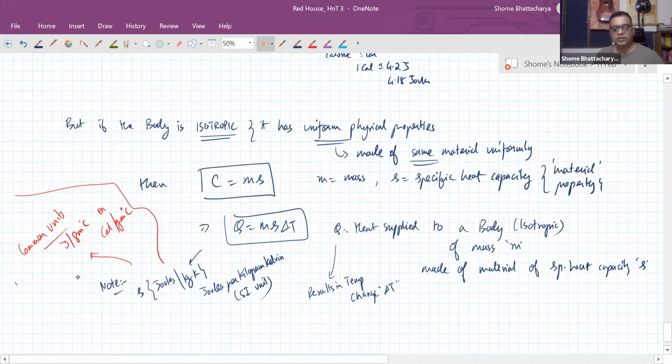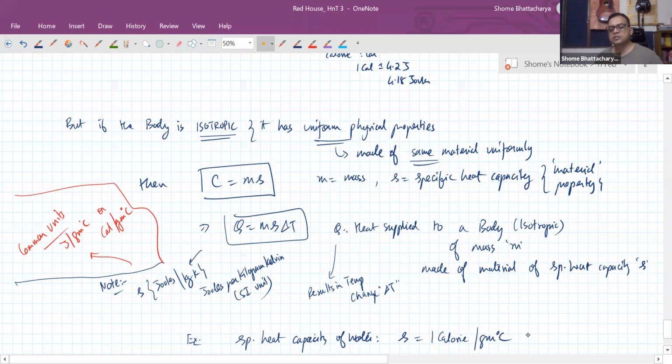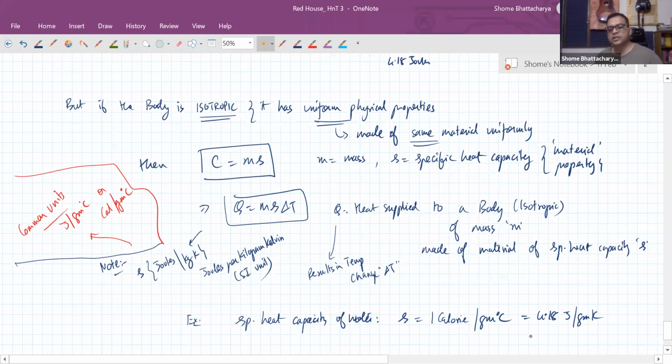Okay, so one most common example of these values is the specific heat capacity of water. In fact, that is how 1 calorie is defined, as 1 calorie per gram degree C, which is the same thing as 4.18 joules per gram Kelvin, which is the same thing as 4180 joules per kilogram Kelvin.